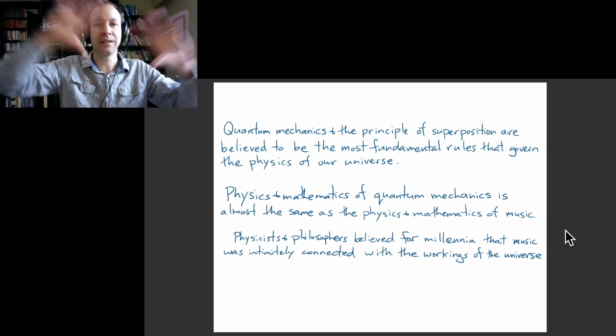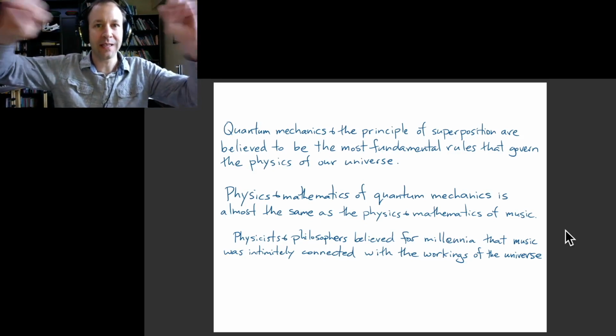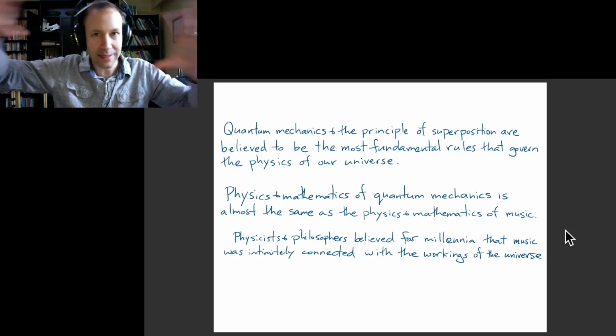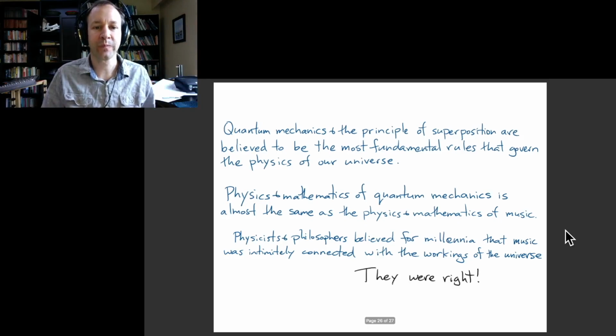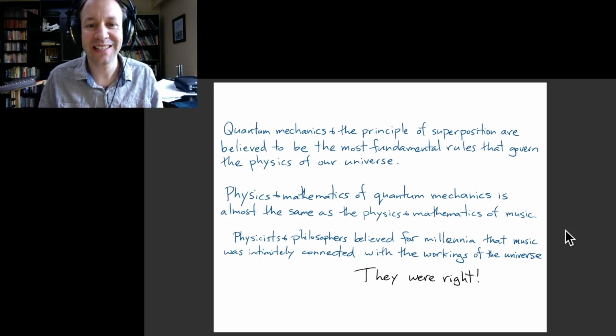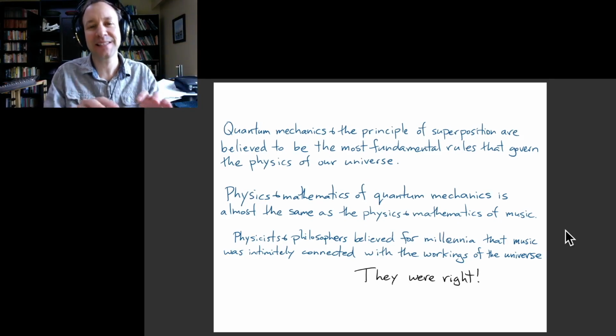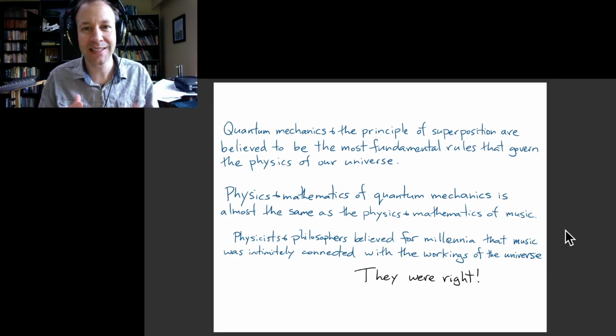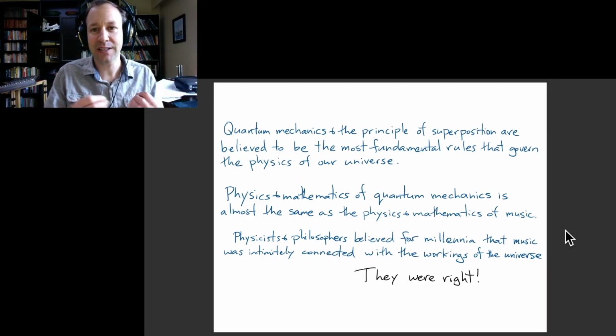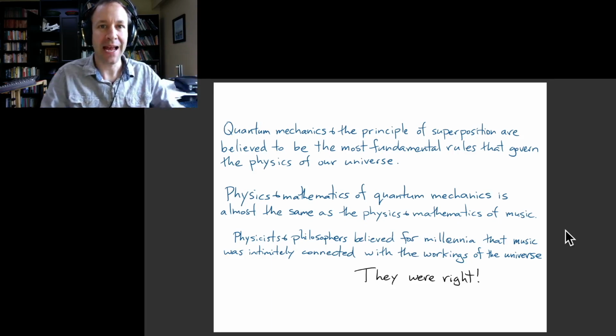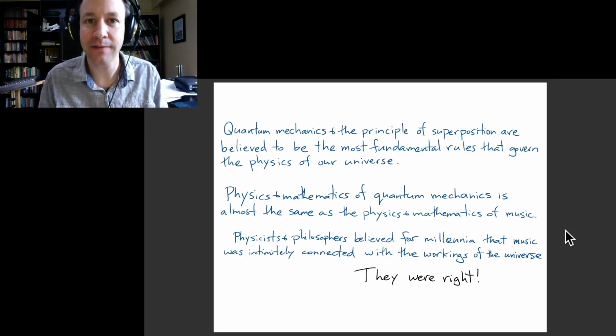And they worked in all sorts of ways to try to understand this connection. What strikes me as truly amazing is that in a sense, all of these people were right. There is this deep connection between the physics of music and the most fundamental physics of our universe, which is the theory of quantum mechanics.